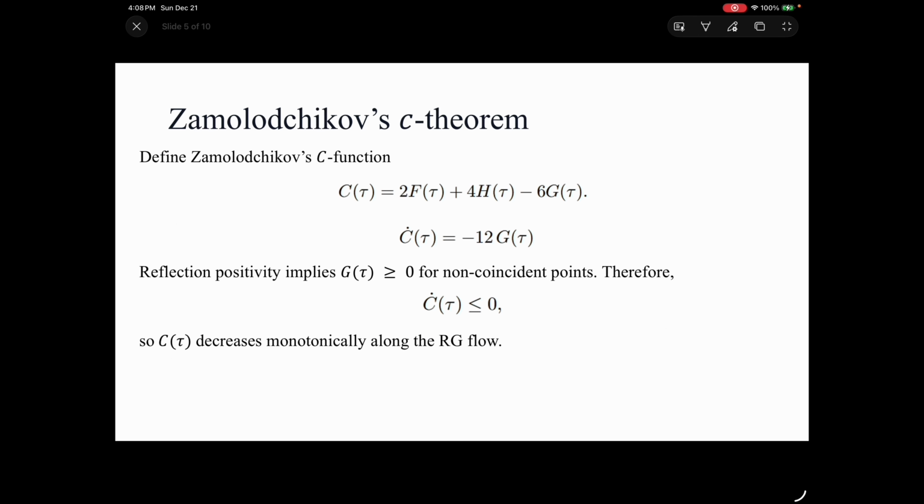And we define the c function, which is a linear combination of F, H, and G. According to the previous equation, we know c dot equals minus 12 G. We know the 2-point function coefficient is positive, so G(tau) is positive, therefore c dot is negative. Therefore, we prove c decreases monotonically along the RG flow.